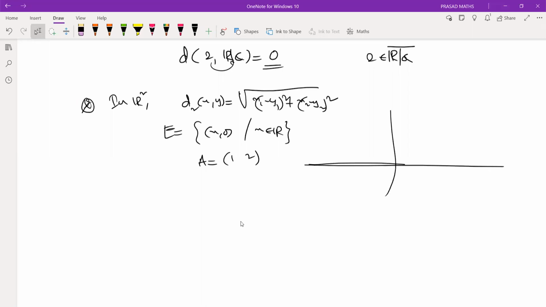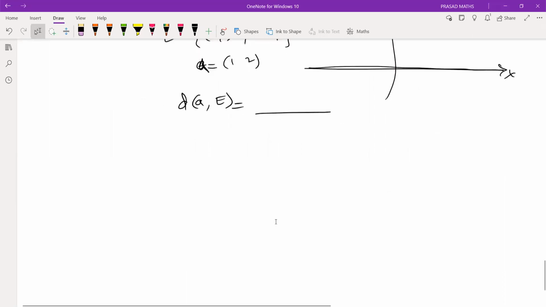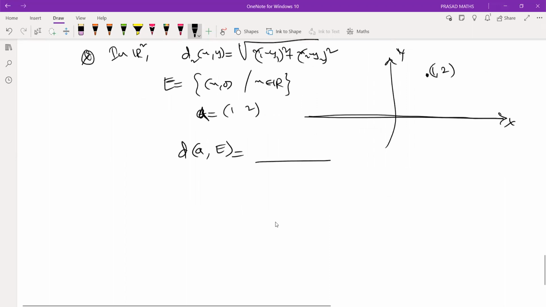What is the distance between the point A and the set E? Anybody? 2, right? 2 is 2.